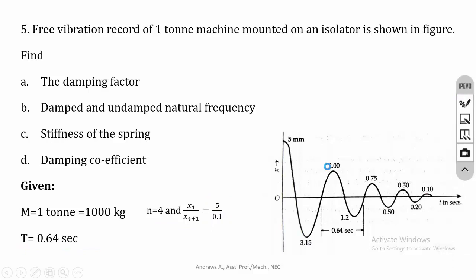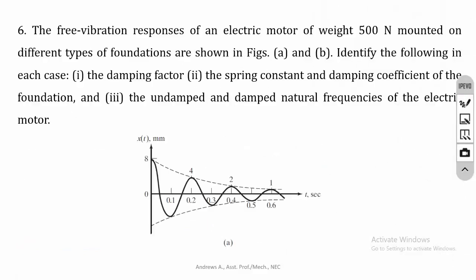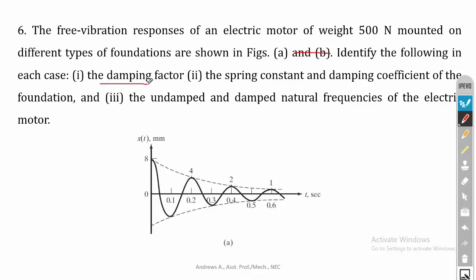Now I have a tutorial problem. The free vibration responses of an electric motor of weight 500 Newton mounted on different types of foundations are shown in the figure. Identify the following in each case. Number 1, the damping factor.